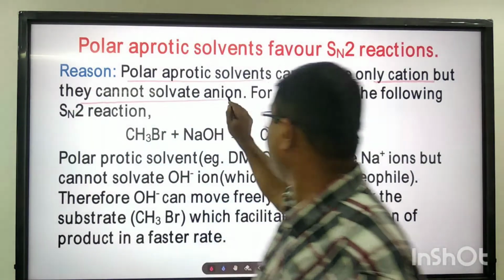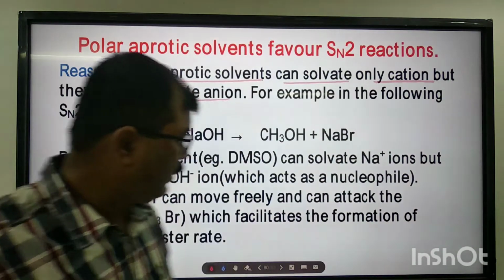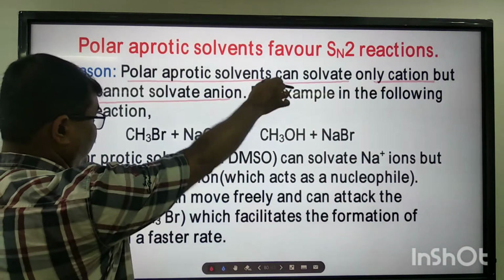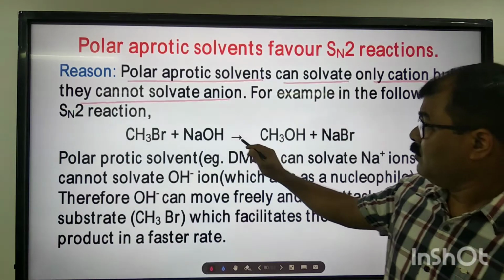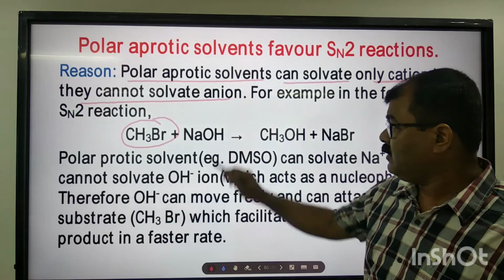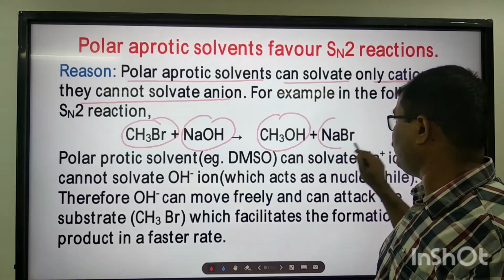It cannot solvate anion. All right, if you take an example of SN2 reactions, a nucleophilic substitution reaction carried out, suppose methyl bromide with sodium hydroxide, giving methanol and sodium bromide.